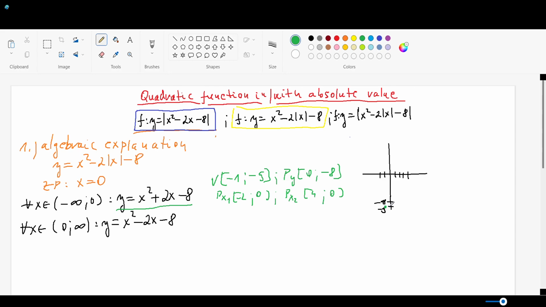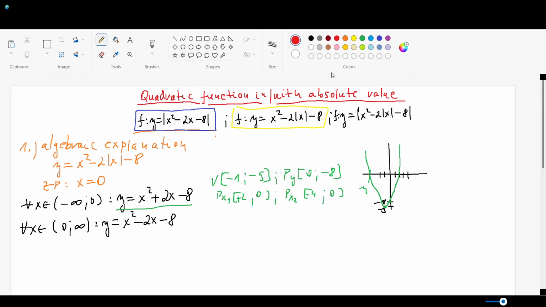So the graph of the green function: negative 1 and negative 9, here is the vertex, here is the y-intercept, and negative 4, I'm sorry, not negative 2 but 2 on the positive side, which means the graph of our green function should look like this, and it goes through negative 4.